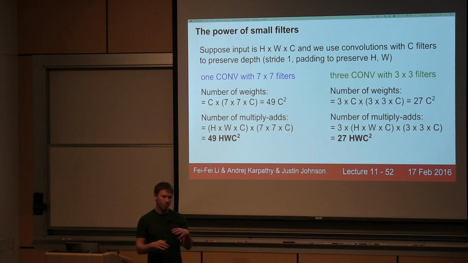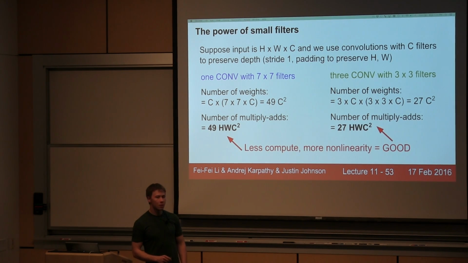So the number of multiply adds is just height times width times the number of learnable filters. Comparing these two, the 7x7 not only has more learnable parameters, but it also costs a lot more to compute. So the stack of three 3x3 convolutions gives us more nonlinearity for less compute.